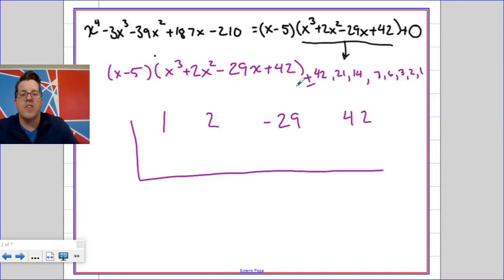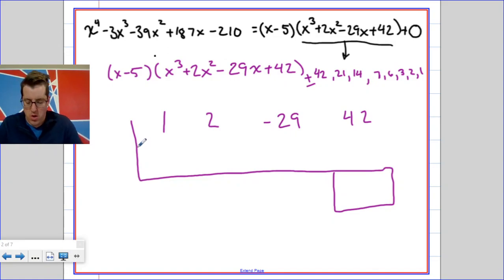Okay, so I wrote down all of the possible rational zeros, and I'm just going to start plugging them into the synthetic division or synthetic substitution, and what I want to get is a remainder of 0. Now, there are certainly tricks or things to notice that would tell you, for example, that 1 works or that -1 works. We'll learn those in due time, but for now, we're just going to plug things in, and this is a process of guessing and checking.